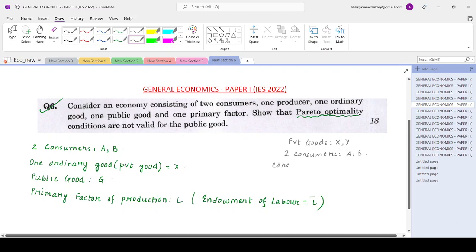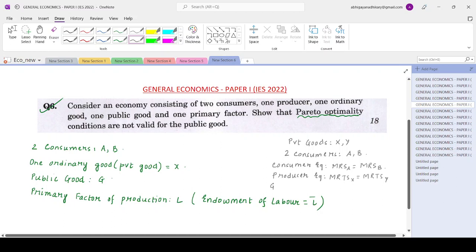For the consumer's equilibrium, the marginal rate of substitution of agent A has to be equal to the marginal rate of substitution of agent B. For producer equilibrium, the marginal rate of technical substitution between labor and capital for good X should be equal to the marginal rate of technical substitution for good Y. Correct?